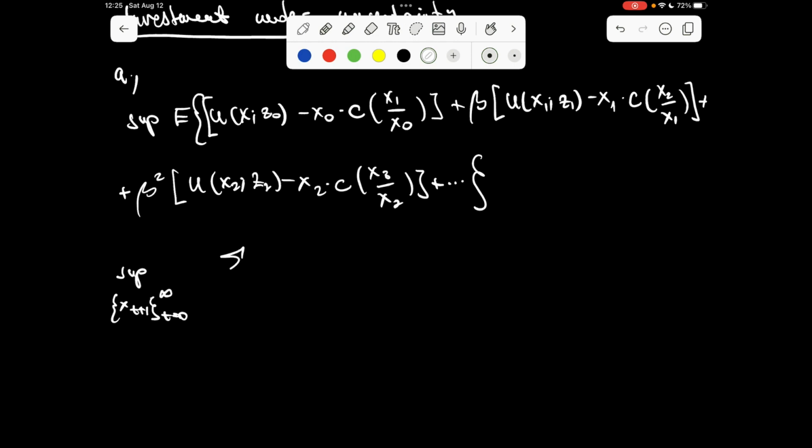It's the sum of expected values of the one period return function, where the expected value is given by the integral with respect to the probability measure relevant to the problem.